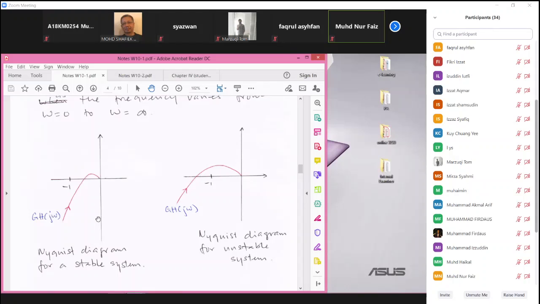But when the Nyquist diagram crosses to the left of -1, now you know that the system is unstable.